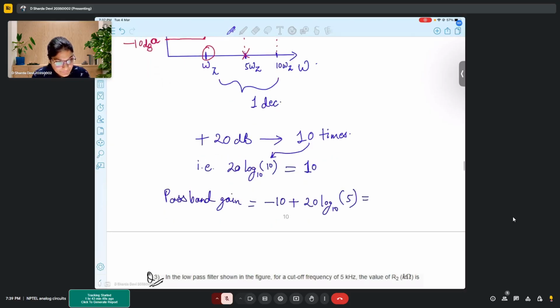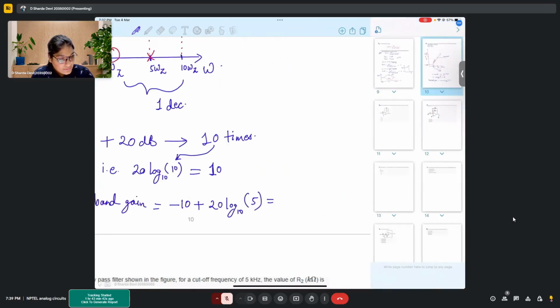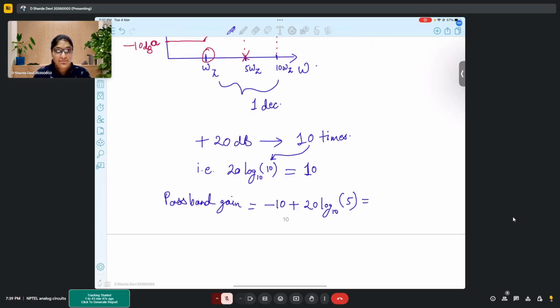Anyone? Okay, so the value that I am getting is 3.98 dBs.